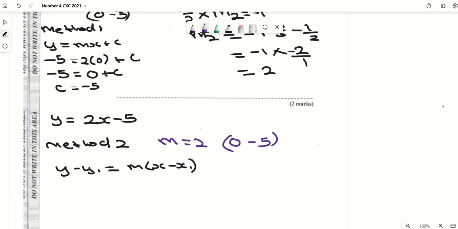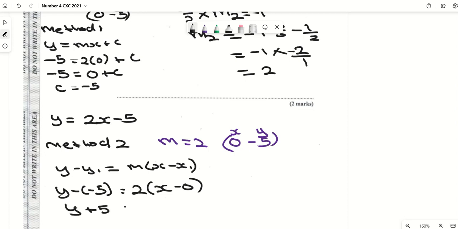So 0 is my x value and minus 5 is my y value. We put this in: y minus minus 5 is equal to m, which is 2, by x minus 0. A minus and a minus is a plus, so y plus 5 is equal to 2x, because 2 by 0 is 0.